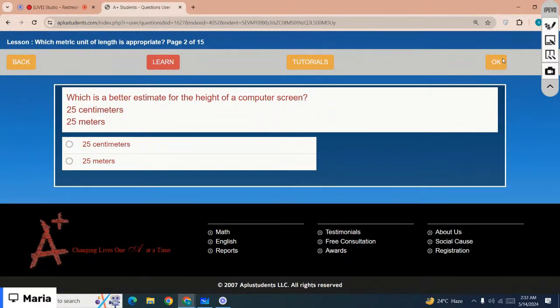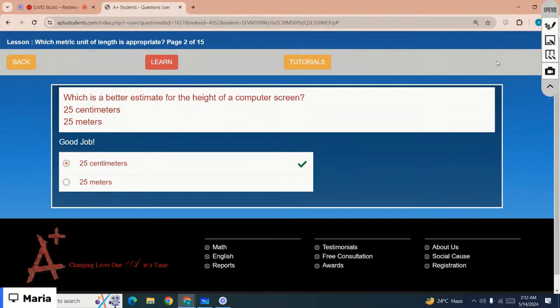Which is a better estimate for the height of a computer screen? 25 centimeters or 25 meters? The computer screen must be 25 centimeters because 25 meters is too much for a computer screen.